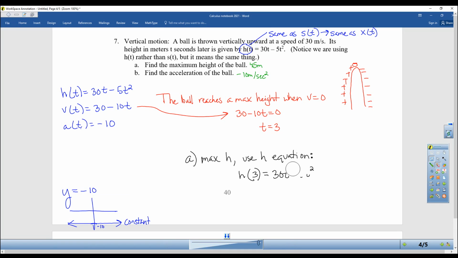Oh, I didn't actually fill it in. 30 times 3 minus 5 times 3 squared, which is 90, minus 5 times 9 is 45, which is 45. Make sure you have the correct units. In this case, it's meters.